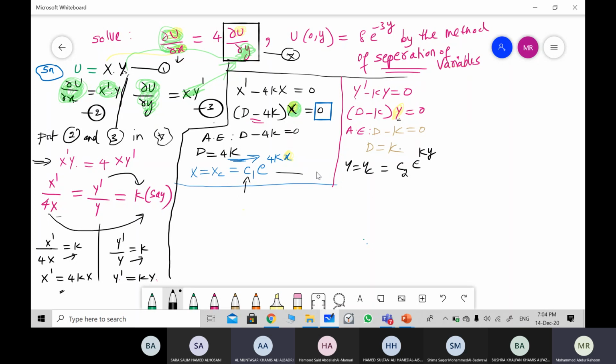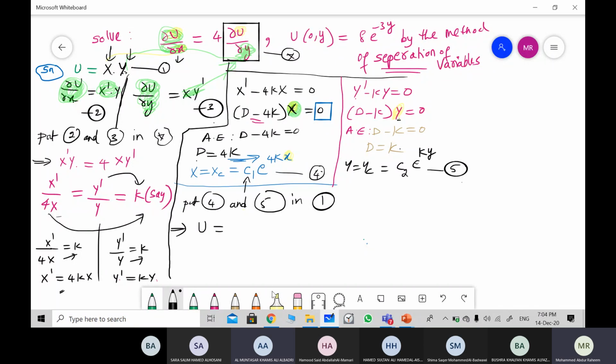So this is equation 4, equation 5. Equation 4, equation 5, we have to write in equation 1 here. Put 4 and 5 in 1. What is 1? Read. U is how much? What is x?